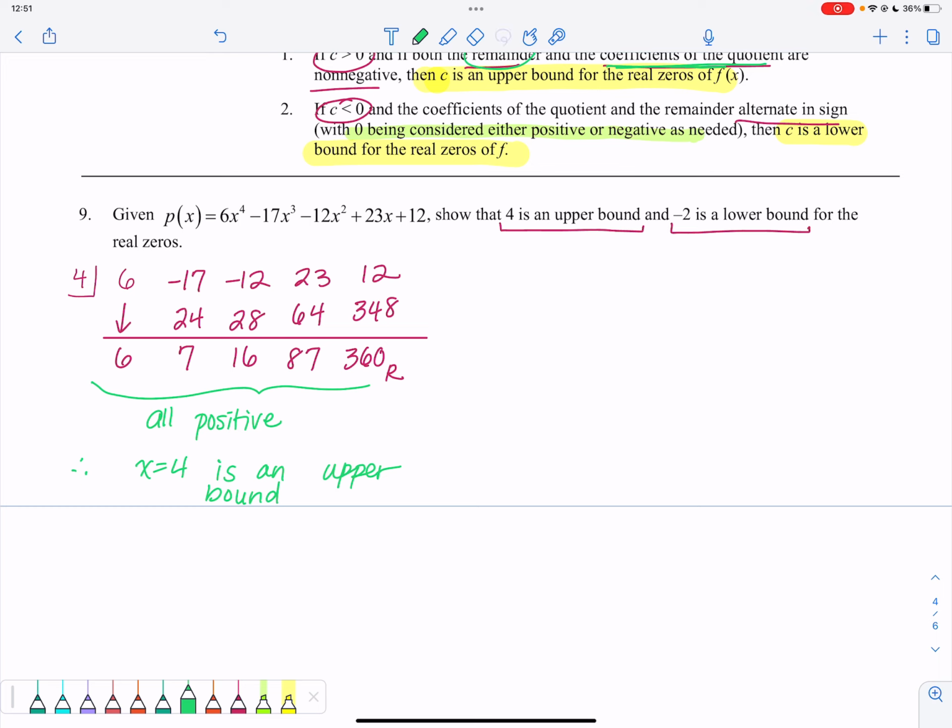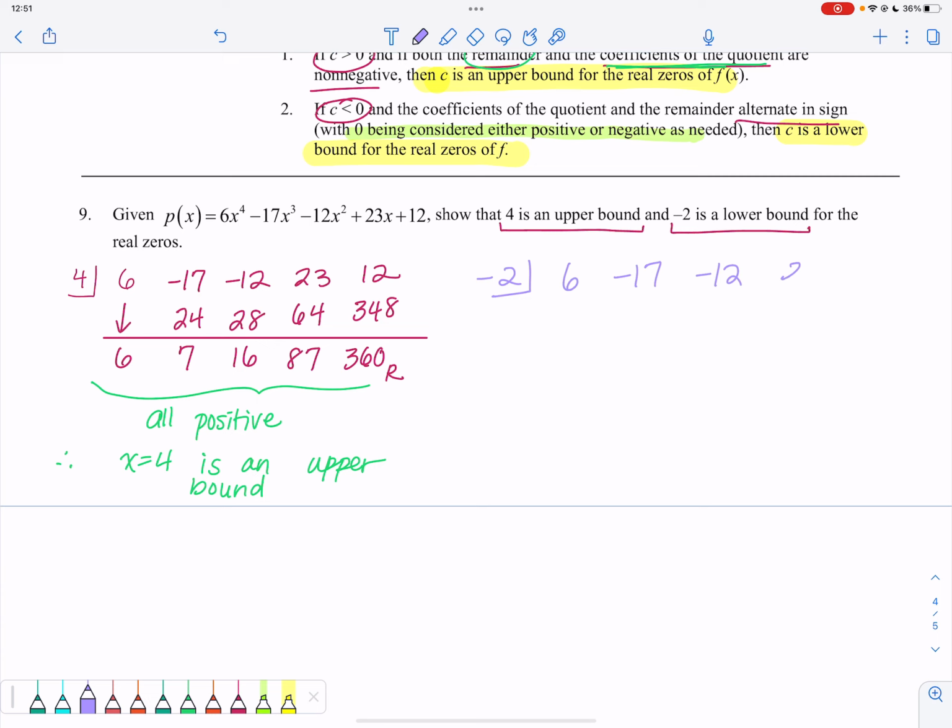Okay? So now, what do we need to show now? Negative 2 is a lower bound. So let's go ahead and put negative 2 in the box, and go ahead and do your synthetic division.